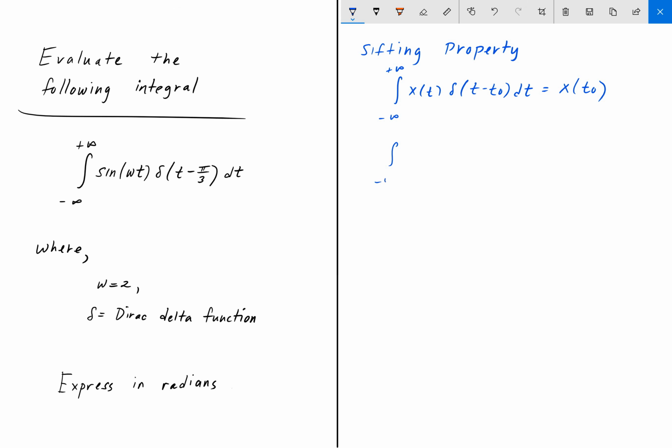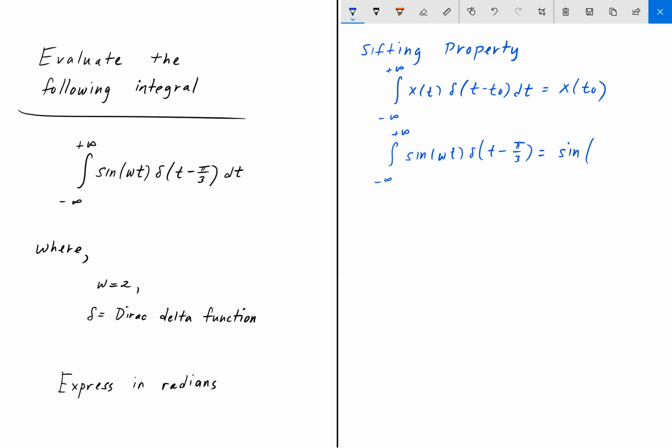So we're saying that the integral from negative infinity to plus infinity of sine omega t, delta function of t minus t0, where our t0 is going to be pi over 3, is going to be equal to the sine, which is our original function, at t equal to t0.